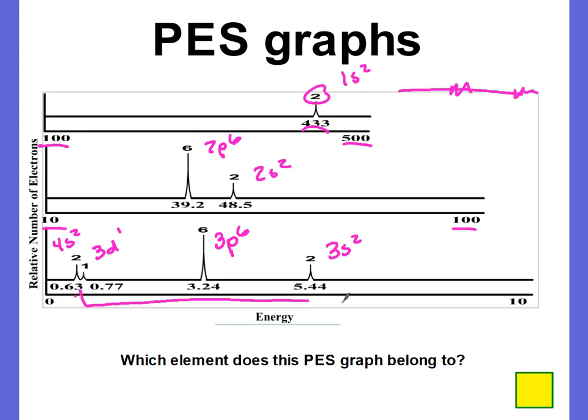All of the 3's are going to be roughly the same in energy, or pretty similar in energy, because they're all equal distance from the nucleus. They're all in the third ring. That's why I lose this 4s before I can lose, let's say, the 3d. So this one corresponds to scandium, because that is 3d1.